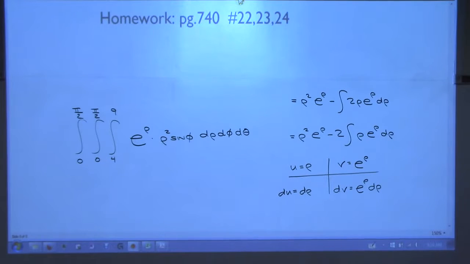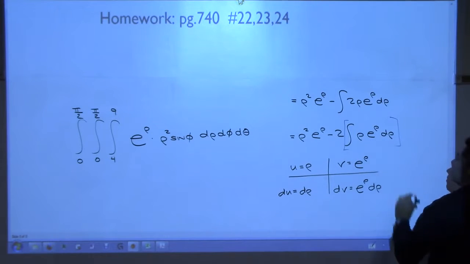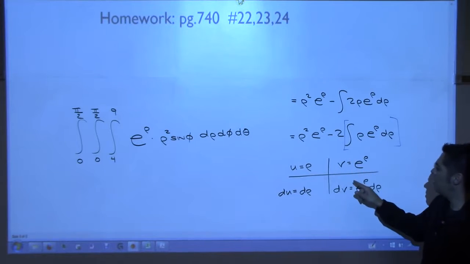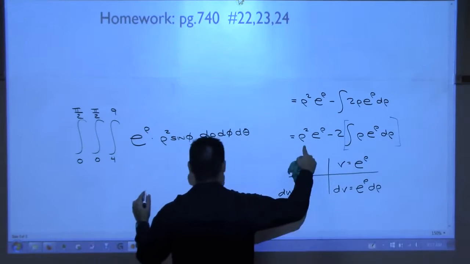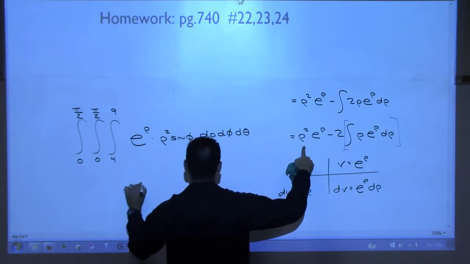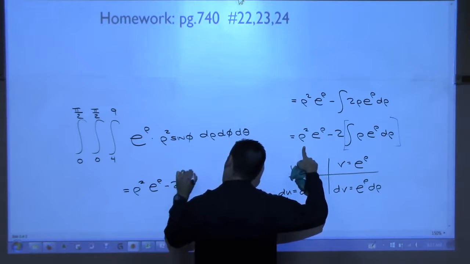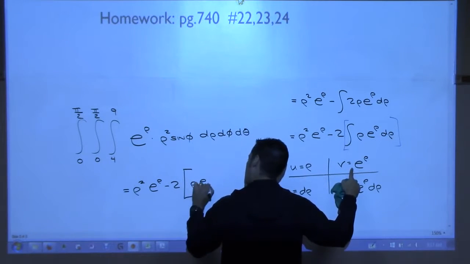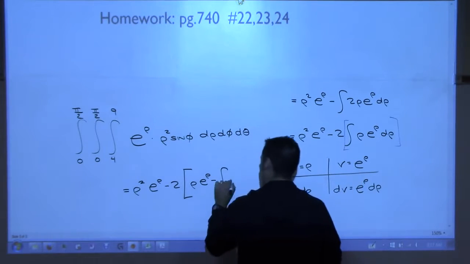All right, so now what we do is this piece right here, which is just this in brackets, is going to turn into this times this minus integral of this times this. So I'm going to try and write that over here. I have rho squared e to the rho minus 2 times, in brackets, rho e to the rho minus integral e to the rho d rho.